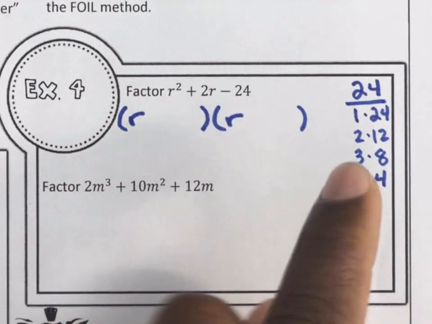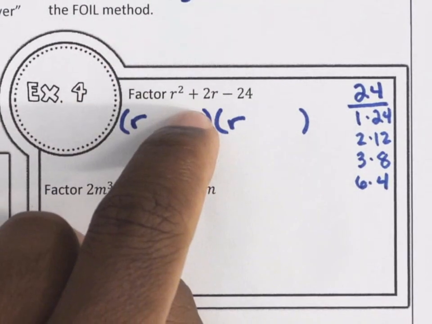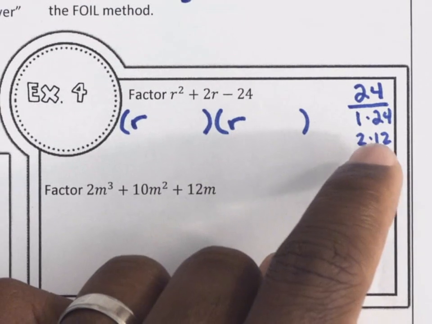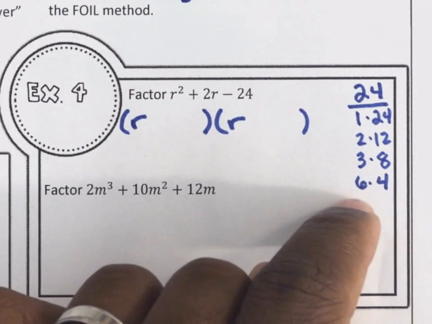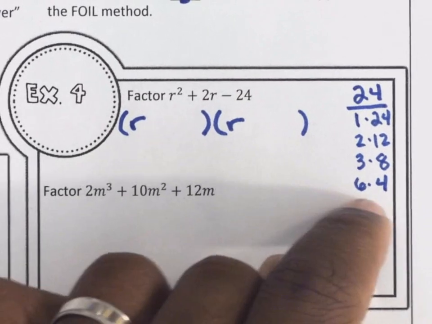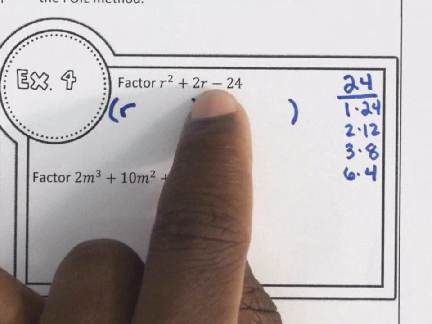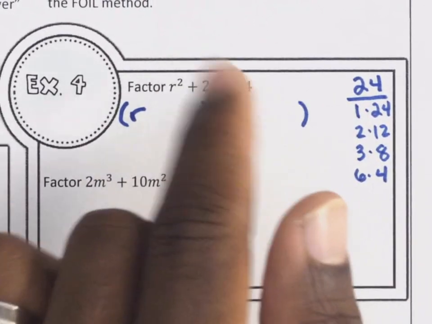Okay, how do I know which pair I need? Yeah, it equals the middle number. So which pair is 2 away? 12 and 2? 6 and 4. Yeah, 6 and 4 are 2 away from each other. I know the signs will be different because when I multiply, the only way I can get a negative is if one sign is positive, one sign is negative.